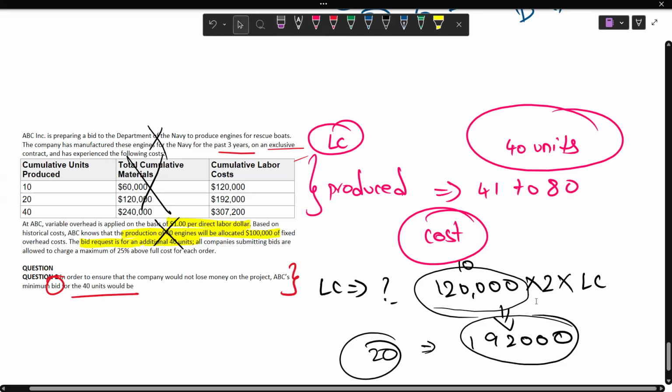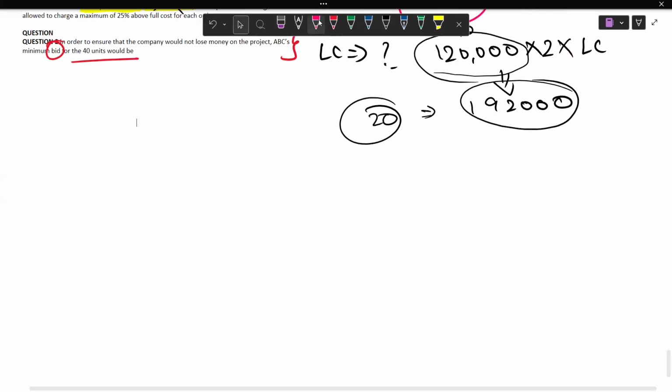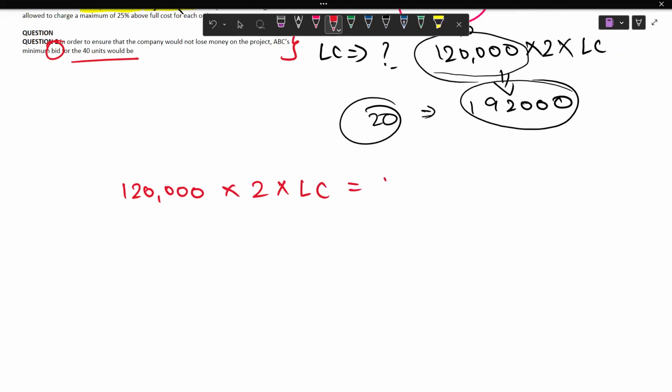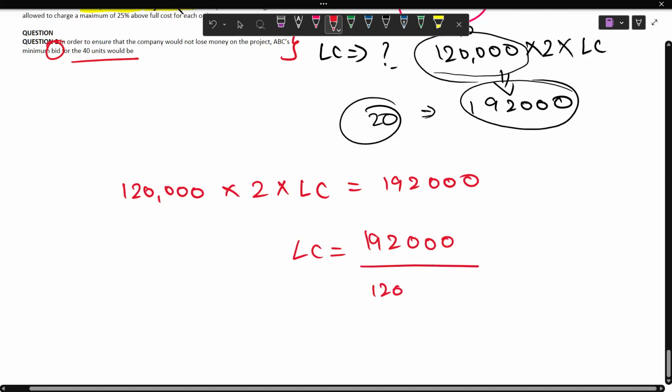Let me show you the full equation. The equation is $120,000 into 2 into the learning curve, which is the unknown factor, equal to $192,000. If you solve this, you divide $192,000 by $120,000 into 2, into 100 because it's in percentage, and you will get 80 percent.